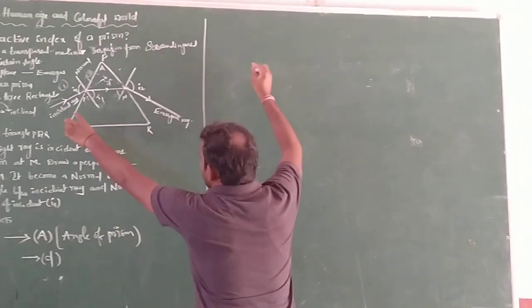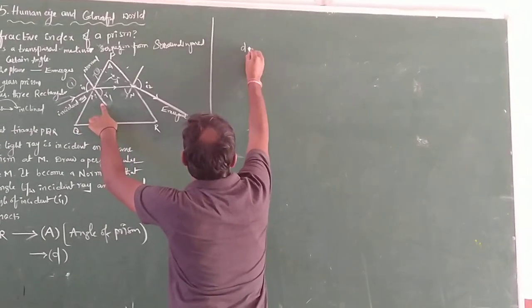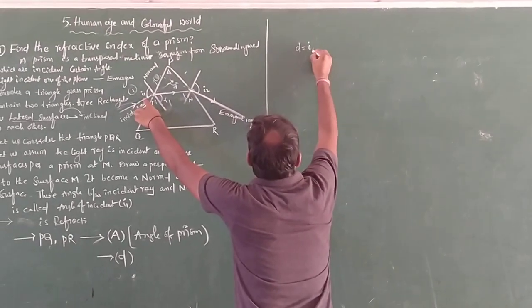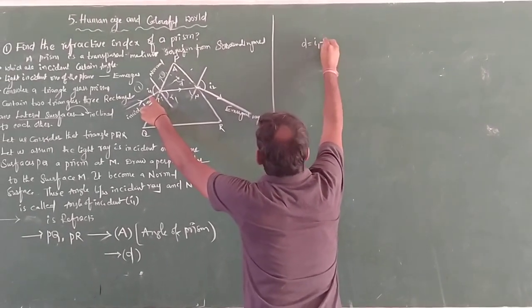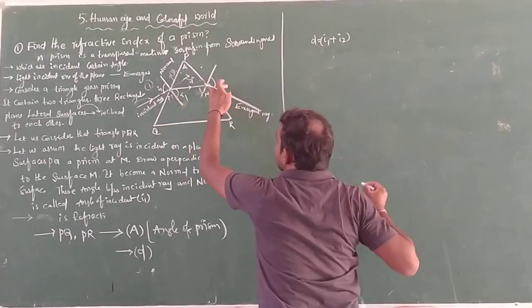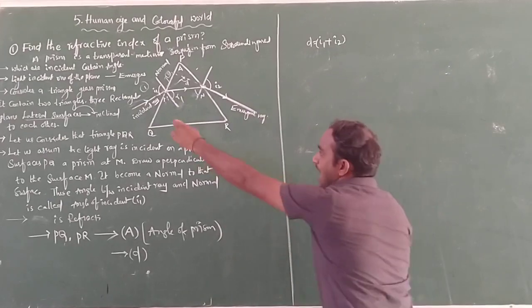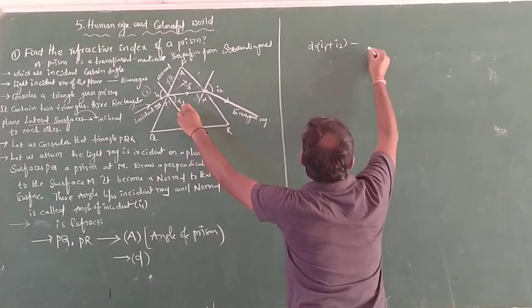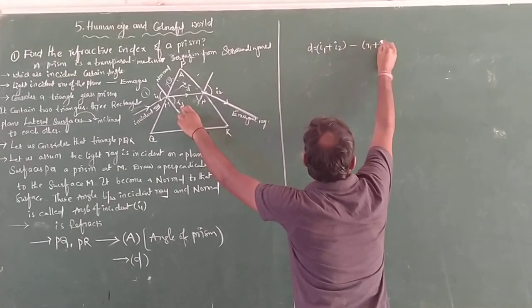Here we write d is equal to i1 plus i2, because both are present in the angle A, minus, and one more, R1 plus R2.